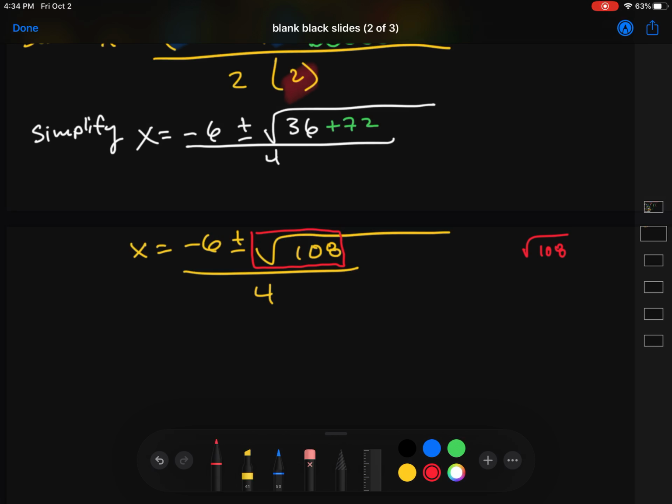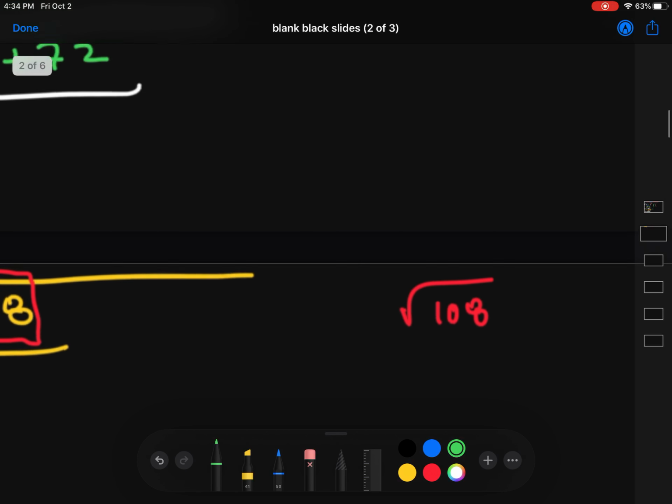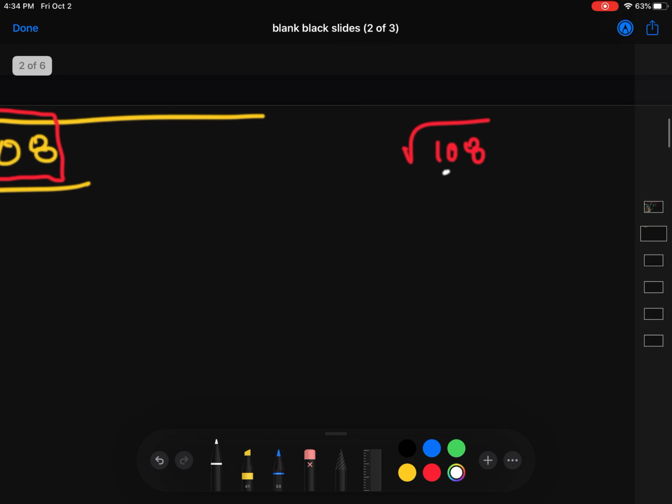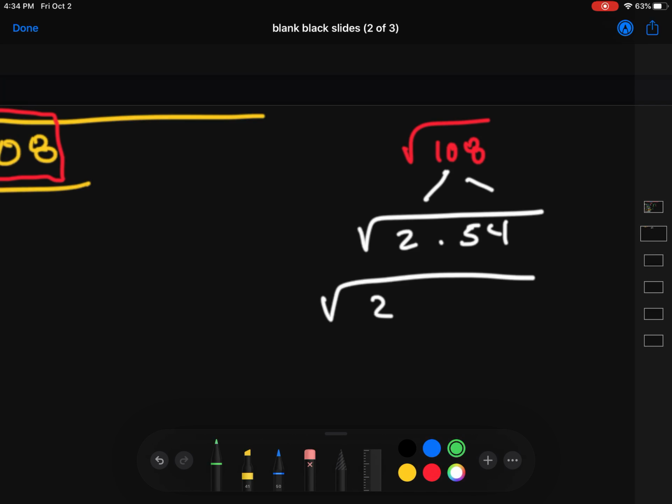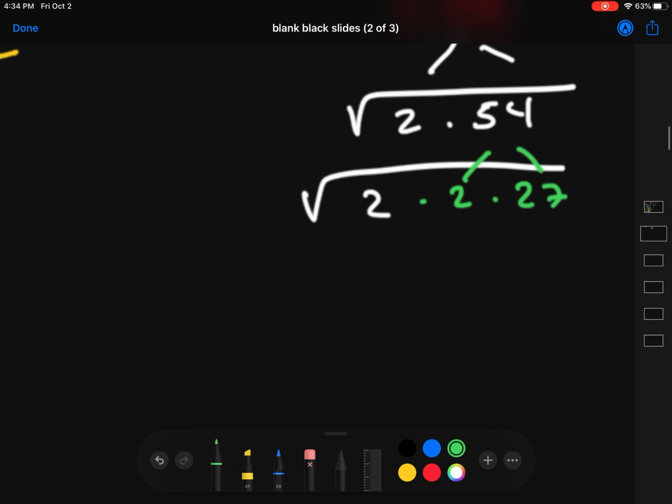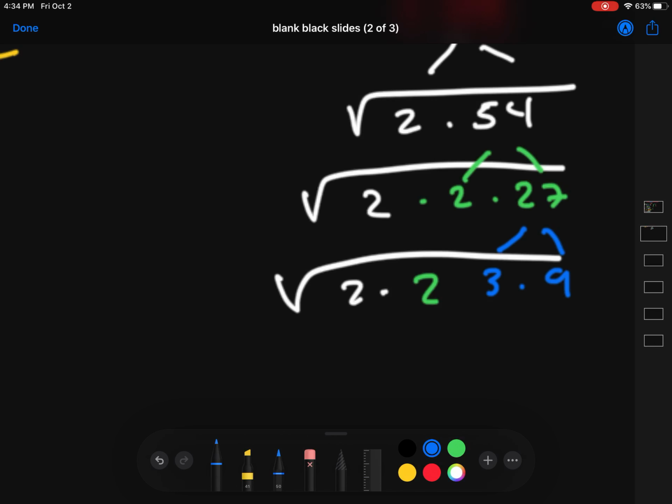Some of you guys have done this thing called the factoring tree. I don't know if you remember this thing. With the factoring tree, you just keep breaking them down by 2's, right? 2 times 54. And then you have 2 times 27. So I got 2, the green 2, and then 27 is 3 times 9.